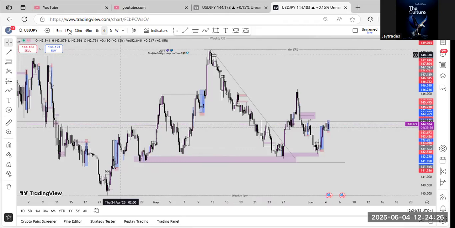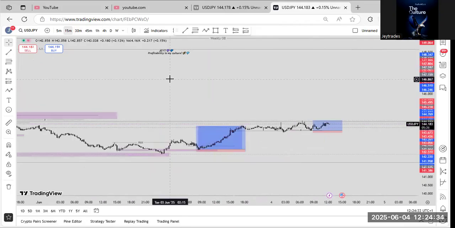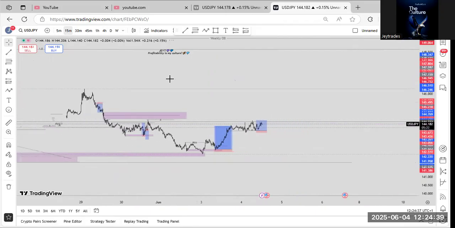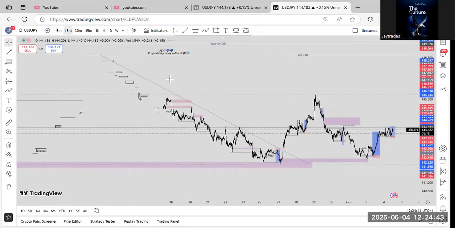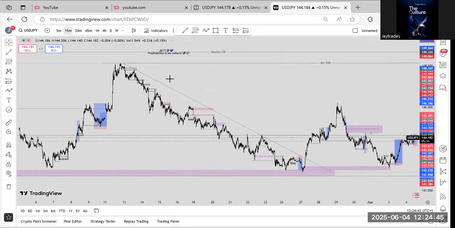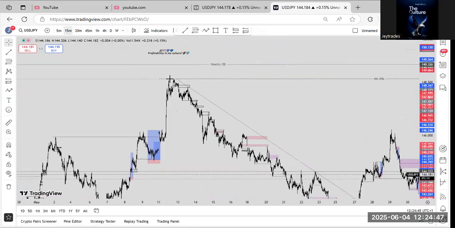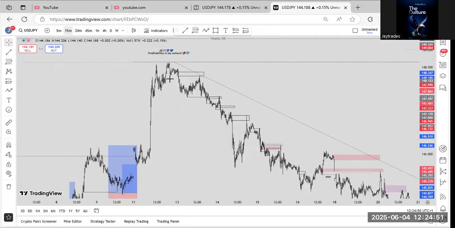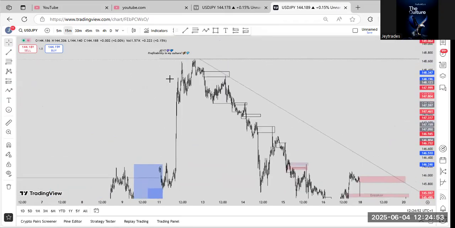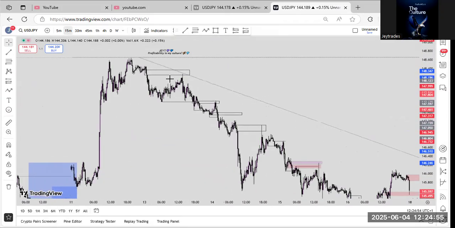All right, let me see whether I can show you. See this trend line I drew, right? Something like this. This is where it began from.